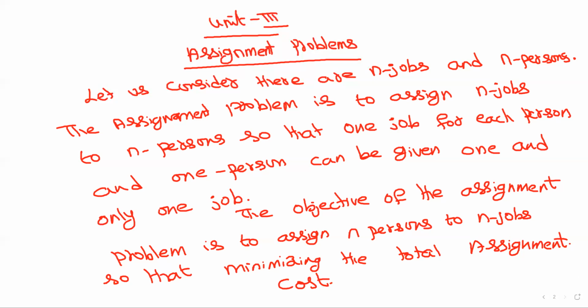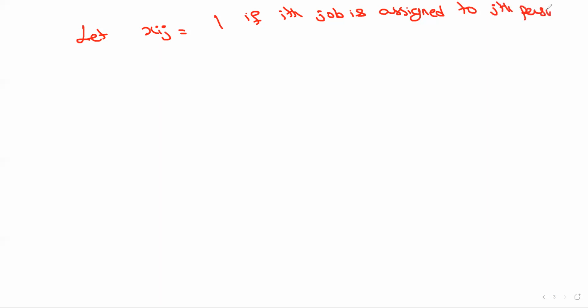Let xij equal 1 if the ith job is assigned to the jth person, and 0 otherwise.